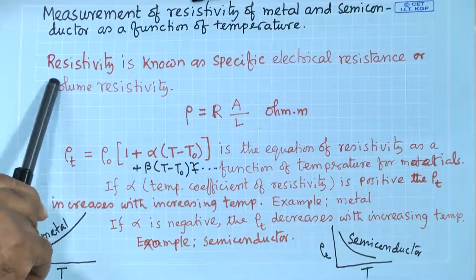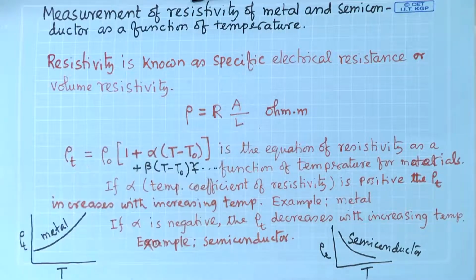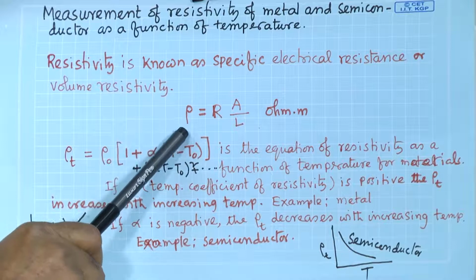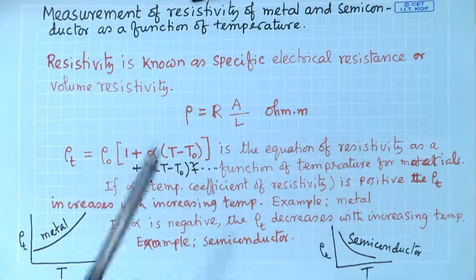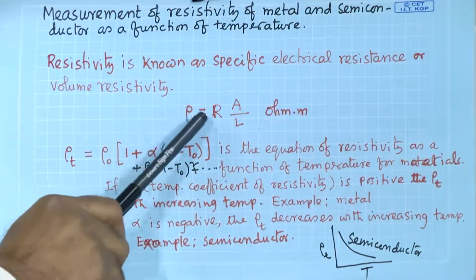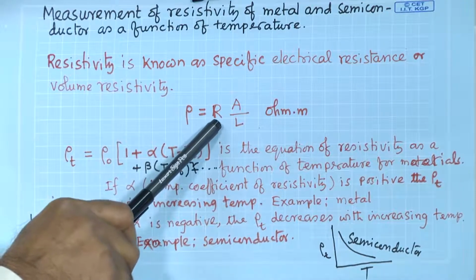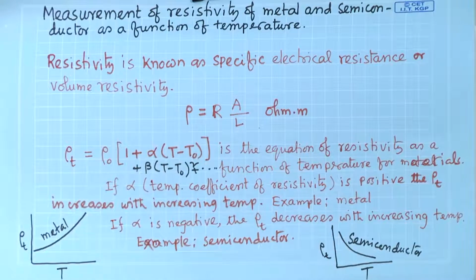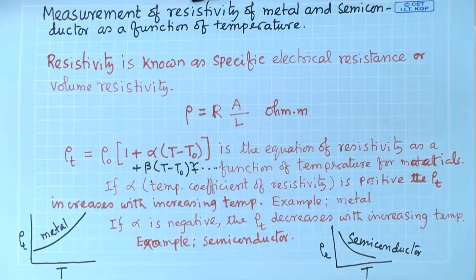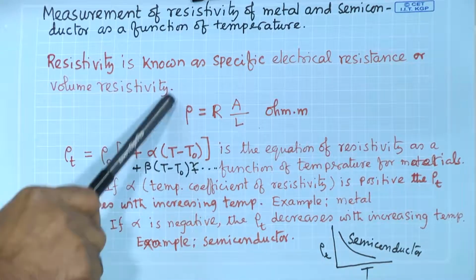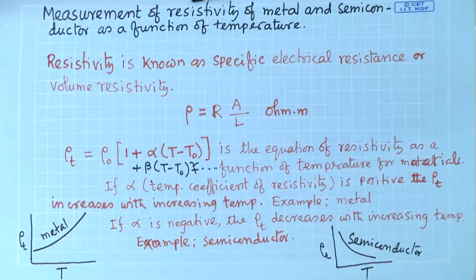So, resistivity is known as specific electrical resistance or volume resistivity. Resistivity rho is equal to R A by L, in ohm meter. R is the resistance of the sample, A is the area of the sample and L is the length of the sample, then rho is the resistivity.